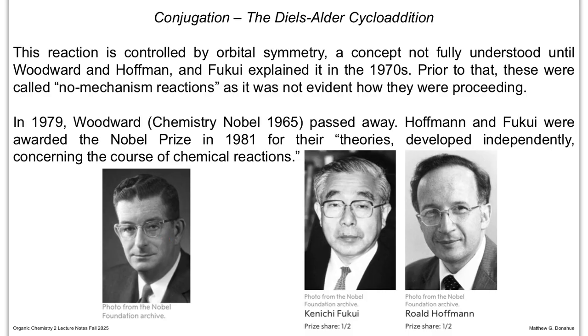So remember on Monday when I showed you the bonding and anti-bonding orbitals for just the single alkene and then the diene, you have these bonding and then anti-bonding. He was able to think, well, of the bonding orbitals that all have electrons, how do those phases or colors match into an anti-bonding orbital?